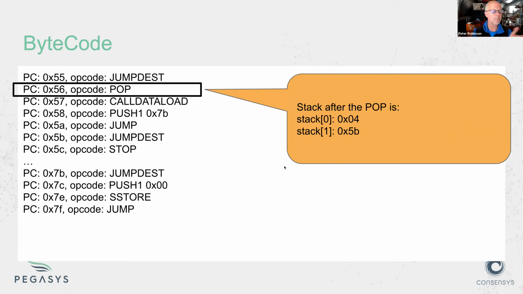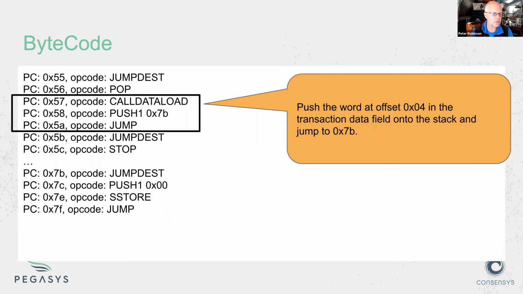Then we pop the value off the stack, get rid of it, and CallDataLoad. What we want to do is load the word at offset 4 from the transaction field onto the stack, and then we push 7b and jump to there. That's a hard jump.